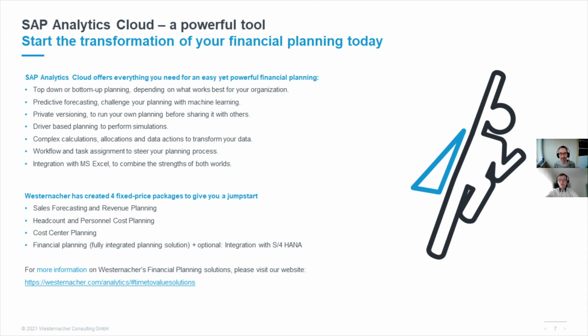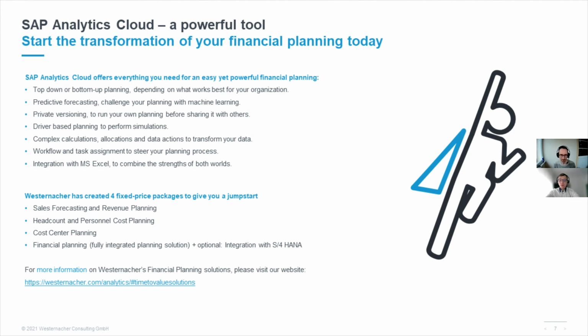And of course, Westernacher has made up its mind how we can support you best when going for financial planning in SAP Analytics Cloud. And we can offer you support by having prepared 4 packages that focus on the main areas where we see that we can help you out in getting a jump start with SAP Analytics Cloud.